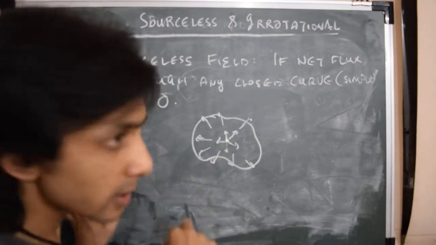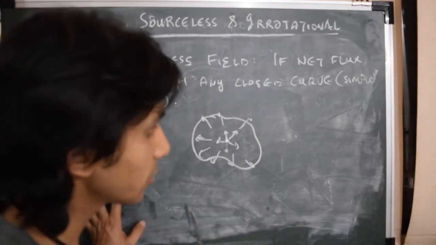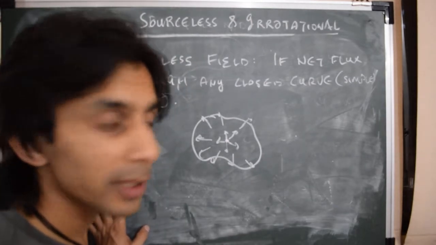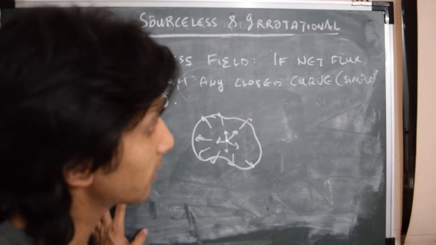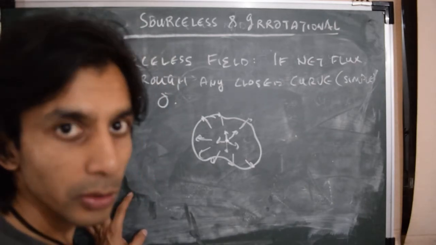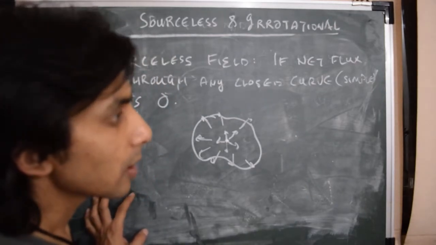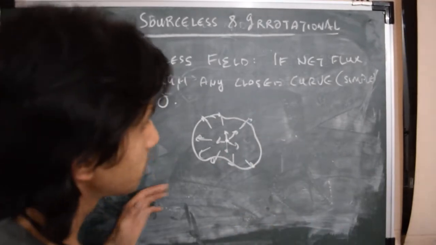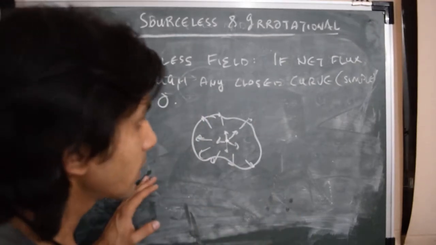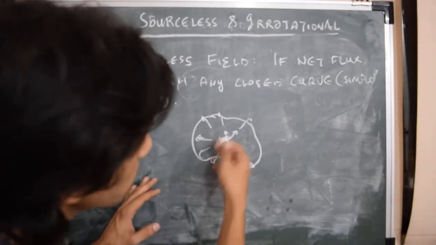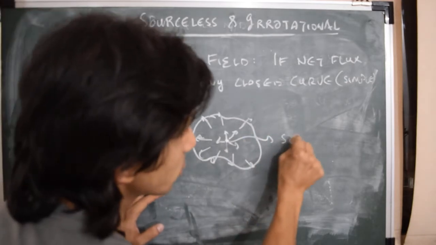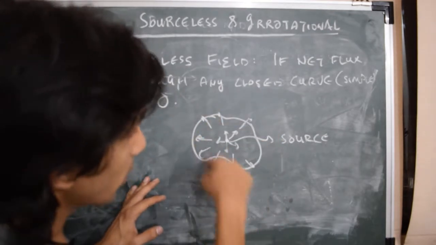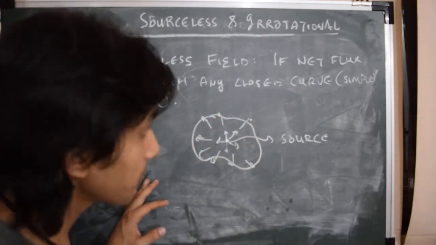If you recall, we discussed an idea related to this in one of the earlier videos, but we did not actually calculate the flux in the way that we're thinking about now, although we did discuss how many units of fluid are crossing this kind of a loop. So I'll just put a link to that video. But if you have some kind of a source located here, and that could be a source of a fluid or source of charge, then through a closed loop drawn around that source, there will be a net flux.